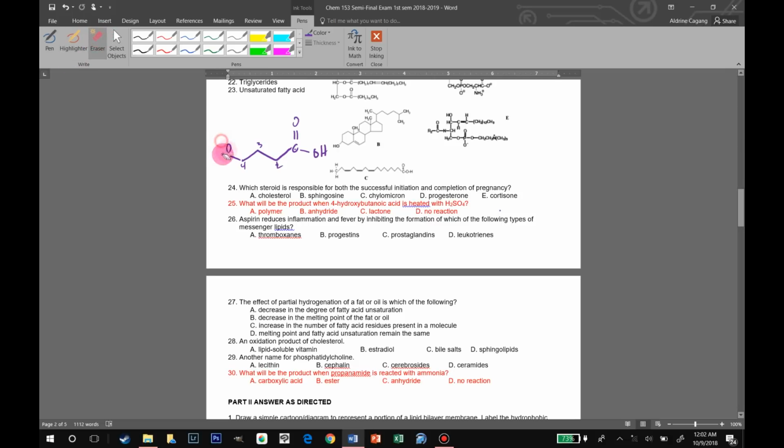I'm going to draw the OH like so because this is going to be more convenient later on. And then this is going to be heated in the presence of H2SO4, which here is just an acid catalyst. So look at your molecule.